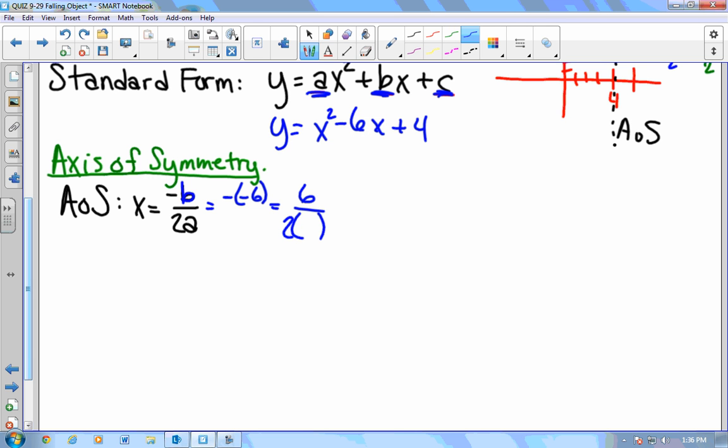What's the value of A? Thank you. Not 4, that's C actually. It is just 1. A is the number in front of the x squared, which is 1. So if we simplify this, 6 divided by 2 is 3. So the axis of symmetry is not 3, it is x equals 3.